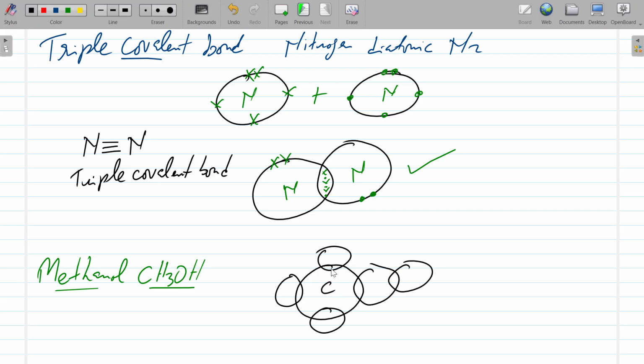So that's carbon, that's hydrogen, oxygen, and that's another hydrogen. And all the electrons going in, so dot cross, dot cross, dot cross, and oxygen's on. And so you can see the way this looks, we draw it out with the bonds. That's what methanol looks like.